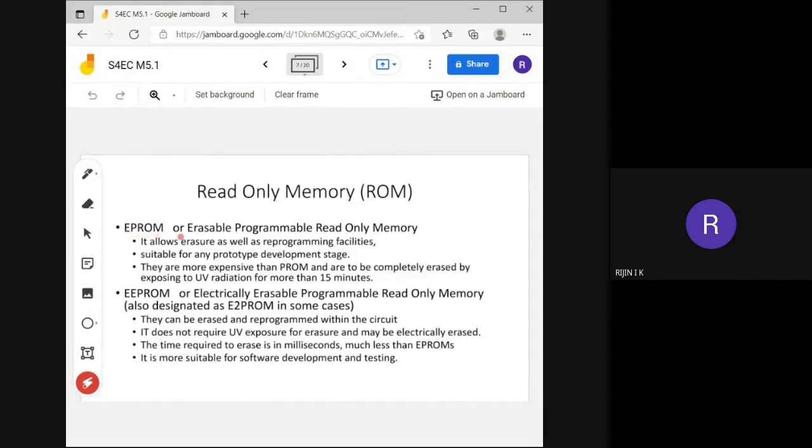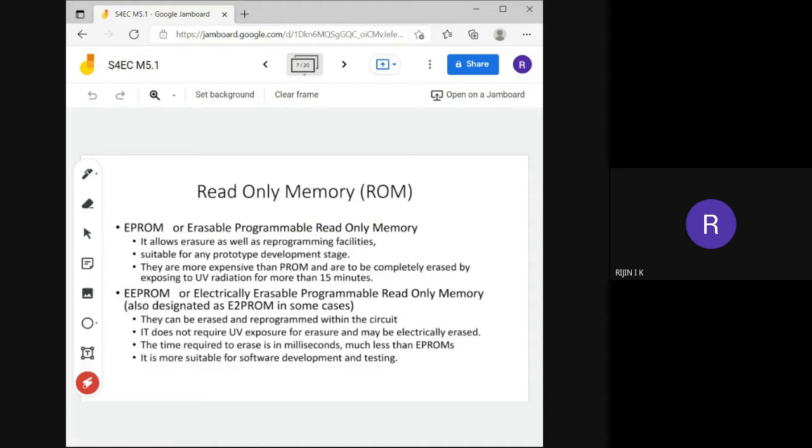But for erasing this memory, we need to expose it to ultraviolet radiation for more than 50 minutes. Then we can erase the content, and after erasing, we can program it again. That kind of memory is called erasable programmable read-only memory.